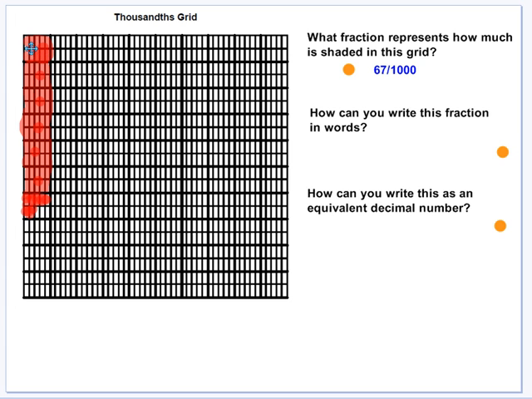There's 10, 20, 30, 40, 50, 60, and then 1, 2, 3, 4, 5, 6, 7. 67 out of a total of 1,000 that make a whole represent what's shaded in this grid. How can we write this fraction in words? There it is. And how can we write this as an equivalent decimal number?